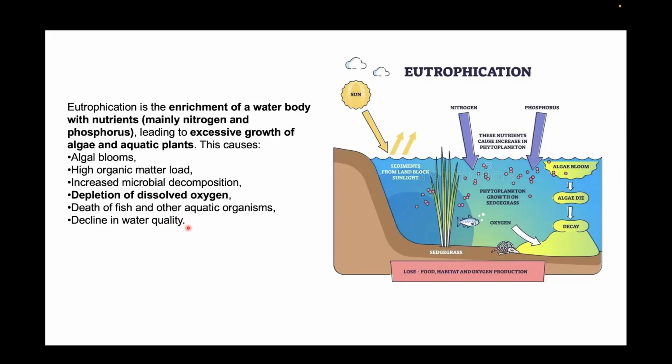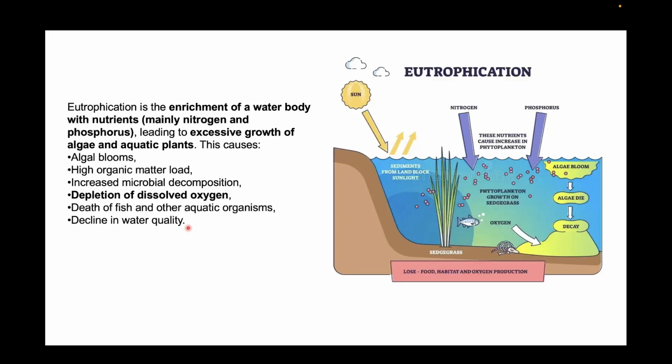Due to enrichment of the nutrients in the water body, there is excessive growth of algae and aquatic plants, which blocks the sunlight, which reduces photosynthesis and the oxygen content inside the water. So, depletion of the dissolved oxygen, leading to death of animals and other plants.